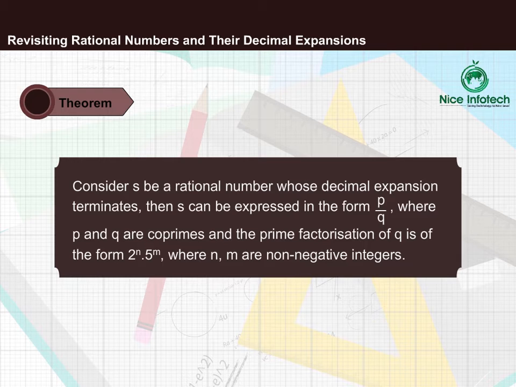Theorem: consider S be a rational number whose decimal expansion terminates. Then S can be expressed in the form P over Q, where P and Q are co-primes and the prime factorization of Q is of the form 2 raised to the power n times 5 raised to the power m, where n, m are non-negative integers.